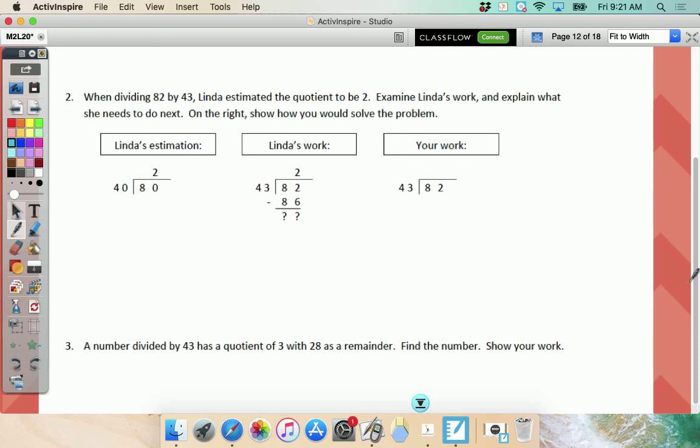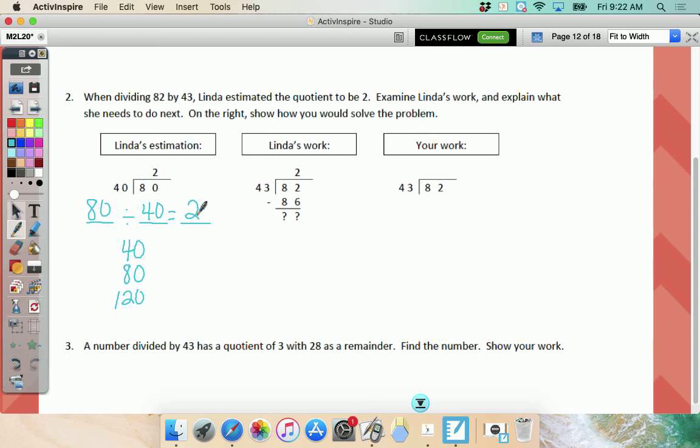Okay, so she did, let me write this in the way we do it, okay? She rounded 43 to 40, and then she skip counted by 4s, and she chose 80 for here. Problem is she rounded it down.